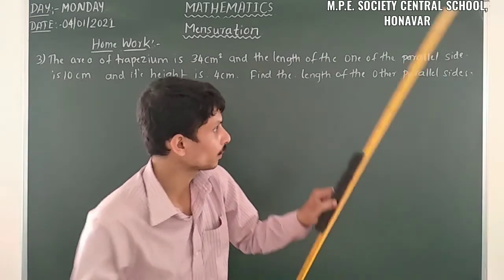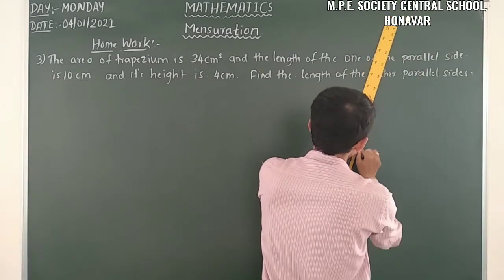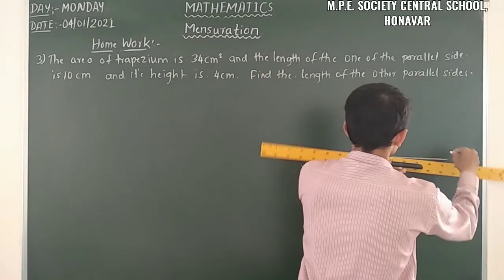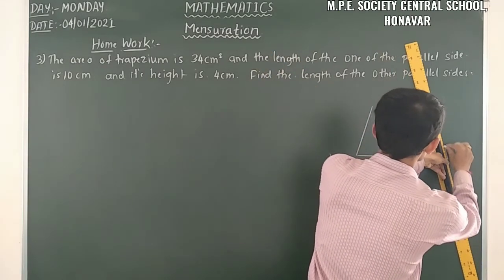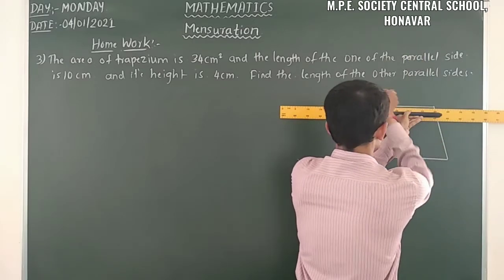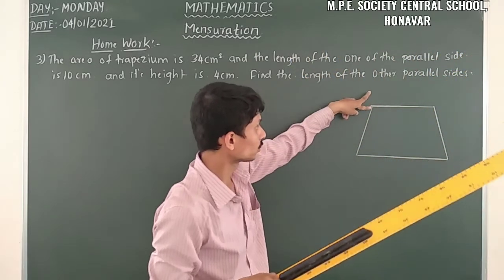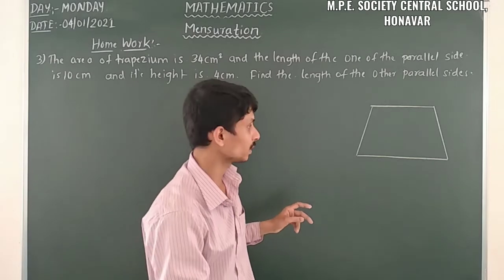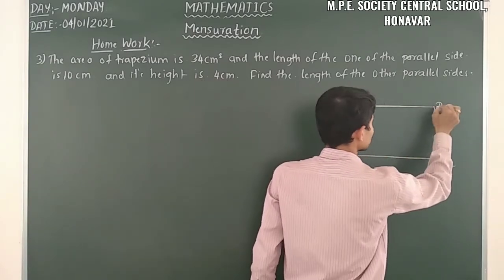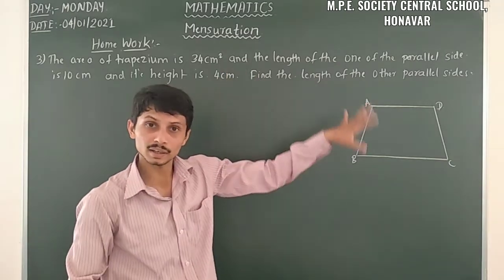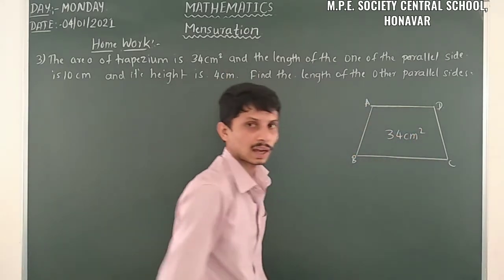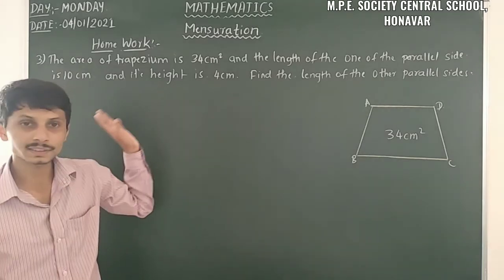For example, when we have a trapezium like this, ABCD is a trapezium. No need of writing this trapezium here. Just observe, the area is given, that is 34 centimeter square, and one of the parallel sides is given.